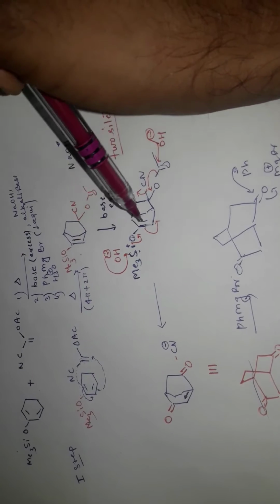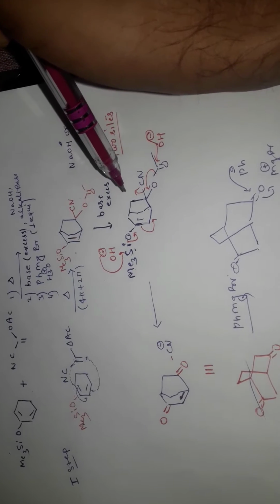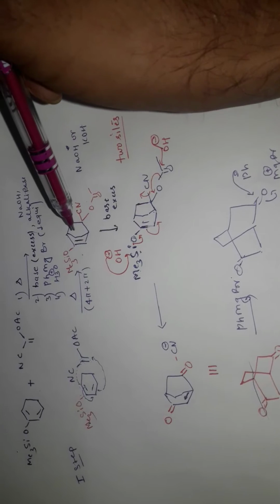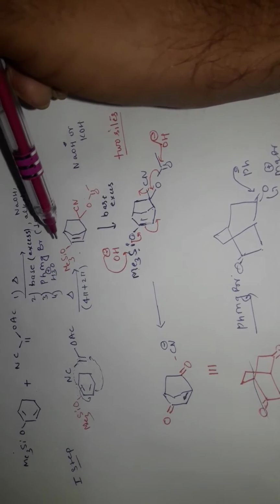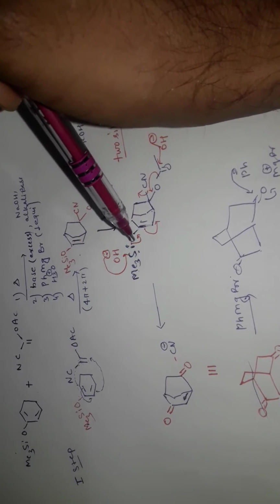In the second step, if you see, base is added in excess quantity. So after the first step reaction, this will be the starting material. And if you see, there are two sites to react with base.